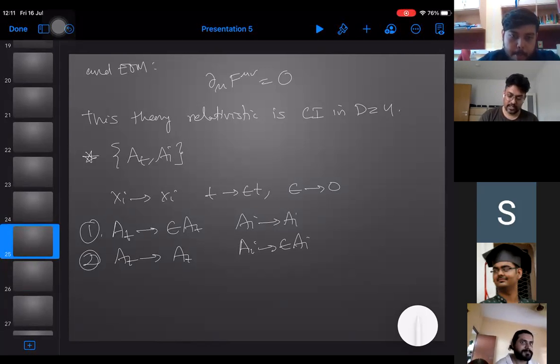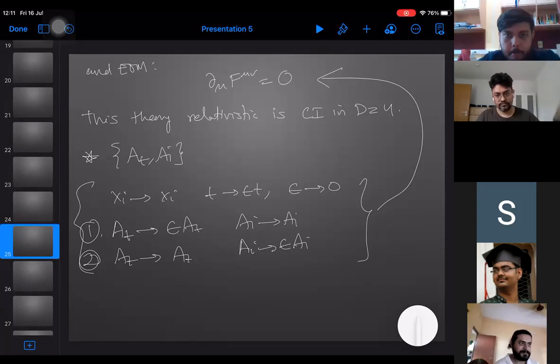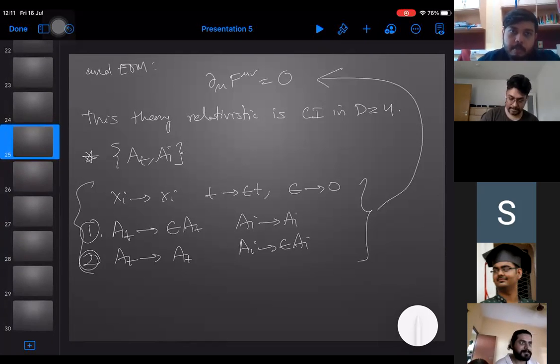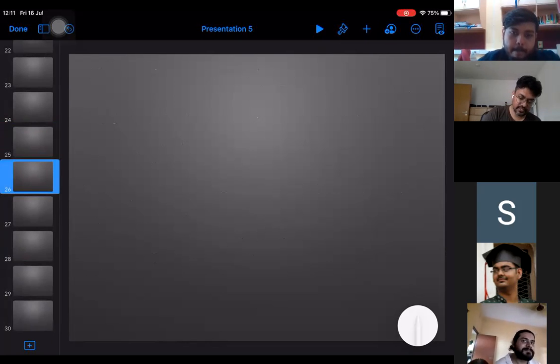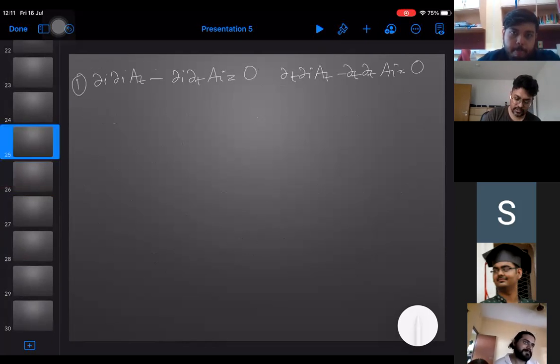Doing this all together and taking the limit on the equation of motion, what you end up with is, the first equation is basically given by this, equal to 0, and ∂_t ∂_i A_t minus ∂_t² A_i is equal to 0. So that is the first limit.